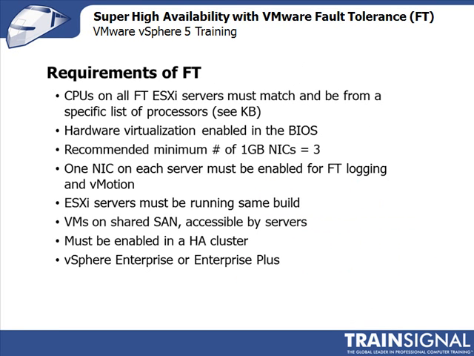Because of how VMware vSphere's Fault Tolerance works, by mirroring the CPU and memory changes from one physical server to another, it has some very specific requirements. The CPUs on all fault-tolerant ESXi servers must match and must be from a specific list of processors. There's a VMware knowledge base article that covers this.